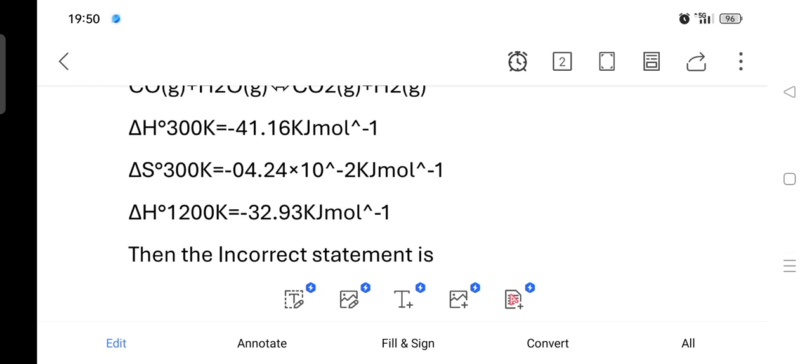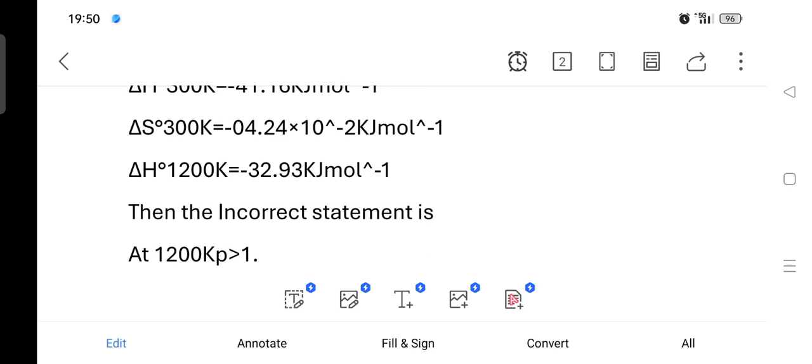Delta H degree at 300 K is equal to minus 41.16 kJ per mole. Delta S degree at 300 K is equal to minus 4.24 into 10 to the power of minus 2 kJ per mole.